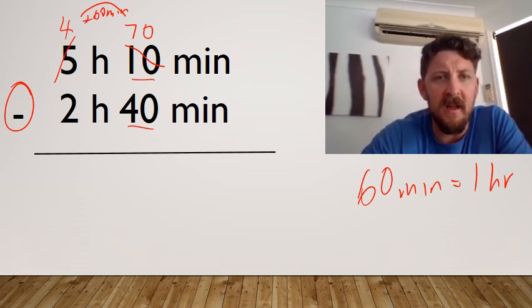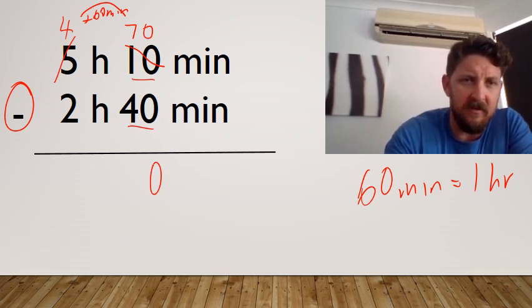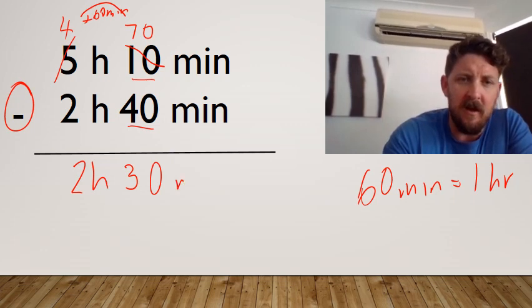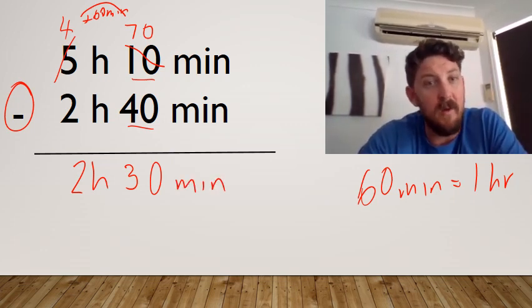Now, I've got it like this. This becomes much easier. I can go 0 take 0 is 0, 7 take 4 is 3, and then 4 take 2 is 2. So 5 hours, 10 minutes, take away 2 hours, 40 minutes is actually 2 hours and 30 minutes.